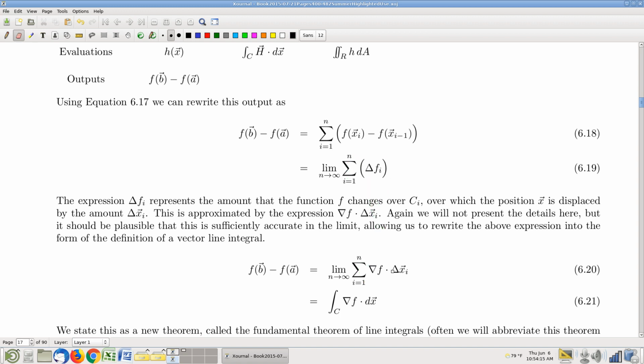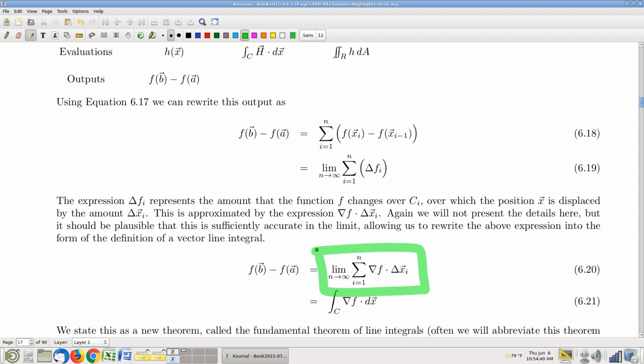Okay. And looky what we've got here. That is exactly a vector line integral. I've got a limit of a sum of a vector field dot delta x. And flip on back to section 5 point whatever where we defined vector line integral.